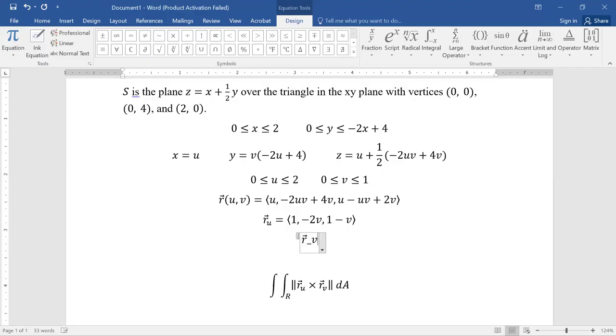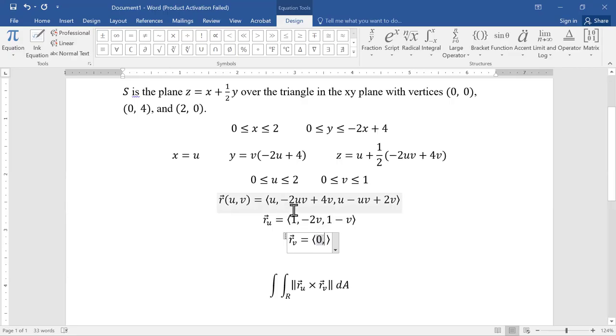The derivative with respect to v is going to be, hopefully we know how to take partial derivatives of vector valued functions. So I take the derivative of u with respect to v, that's 0.